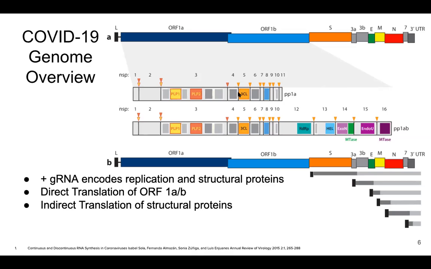So the virus is very efficient with its space. There are a lot of overlapping open reading frames, and normally in cells like bacteria, you have one open reading frame codes for one RNA, codes for one protein, but the virus has a lot of them overlapping.